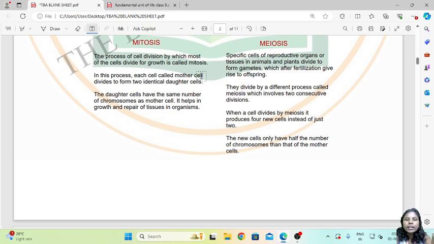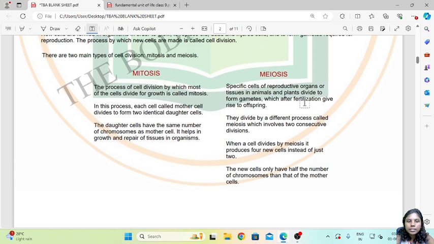When I say identical, they are going to be the same, and therefore they will have the same number of chromosomes as the mother cell. So it helps in growth and in repair of tissues in organisms.